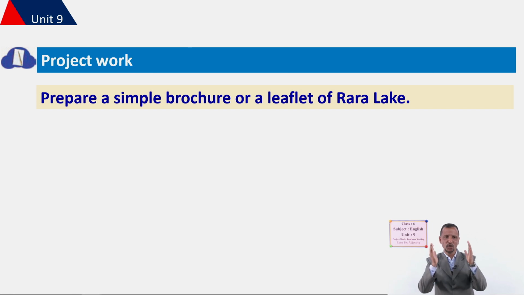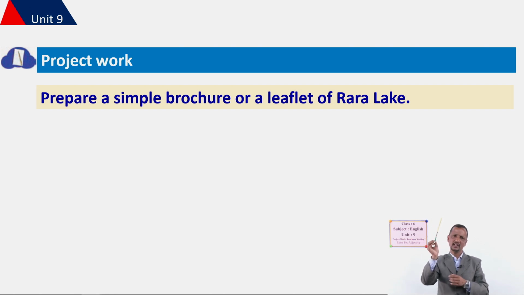You have read the text about Rara Lake and its different features. Everything you have read. So today we discuss how to write, and what things we have to include to write a leaflet or brochure like this.